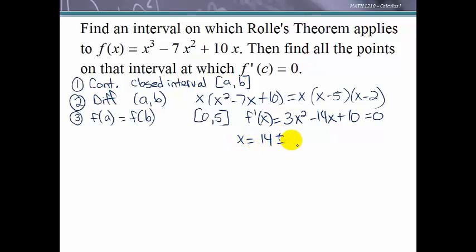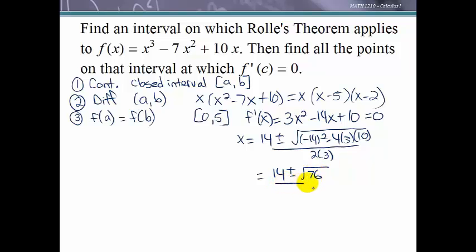Negative b plus or minus the square root of b squared minus 4 times a times c all over 2a. See if we can simplify that a little bit. 14 plus or minus square root of 14 squared minus 120 is 76 all over 6.